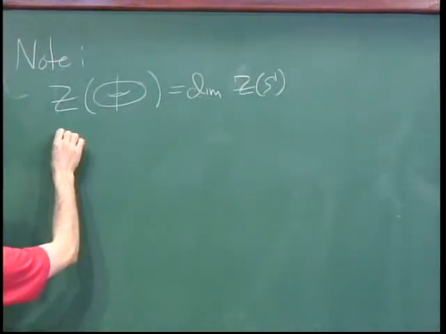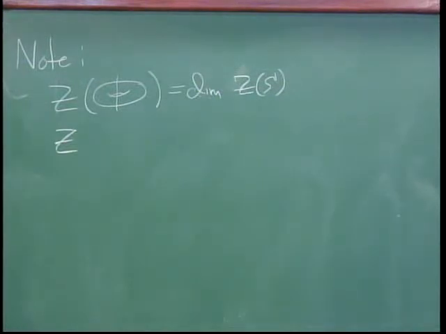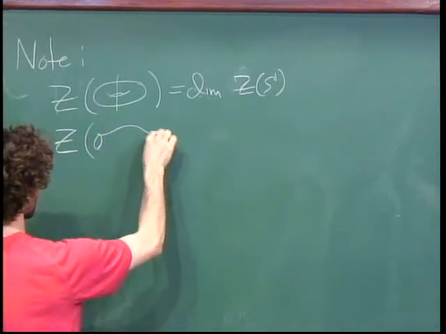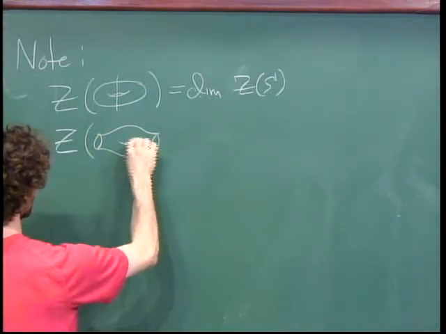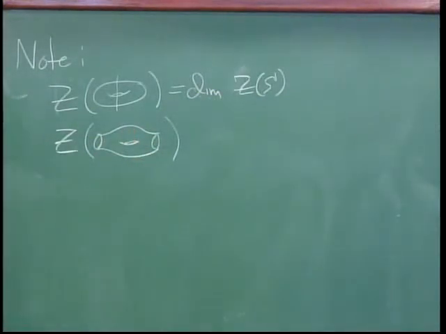And now, to compute the values of these invariants on other surfaces, we can make the following observation. There's some bordism from a circle to a circle that has genus 1.